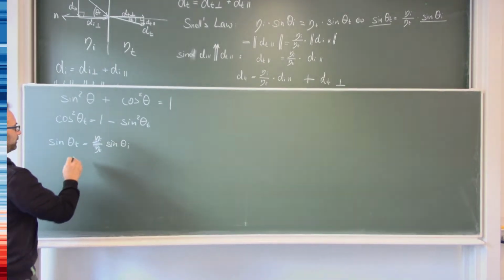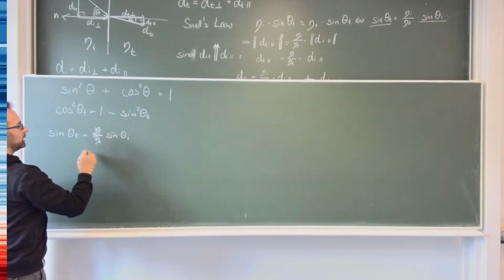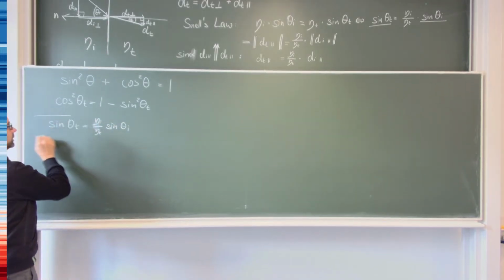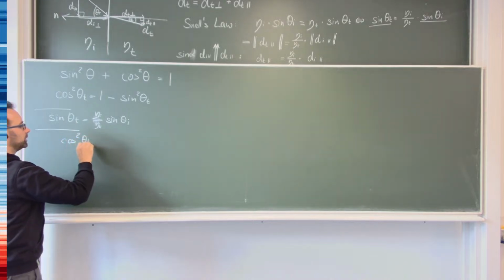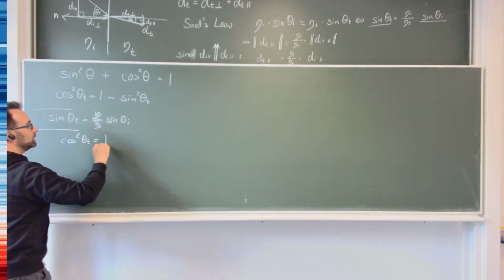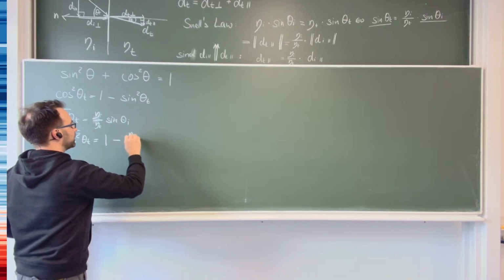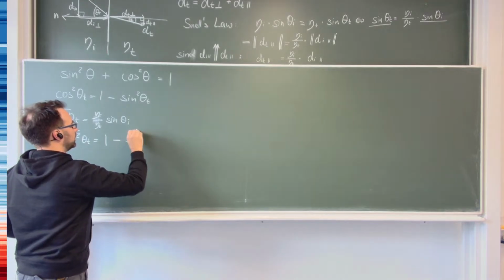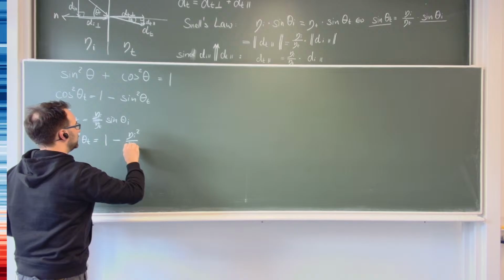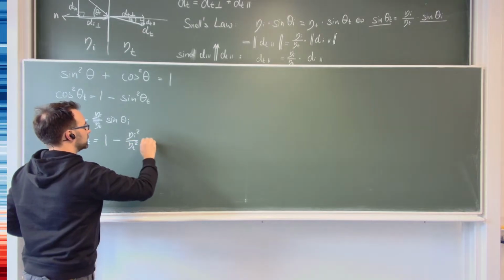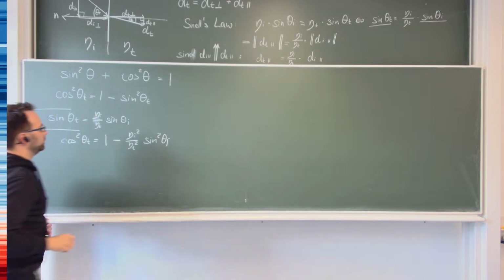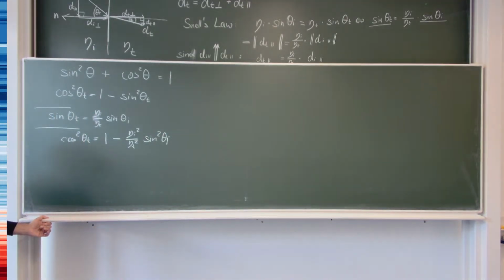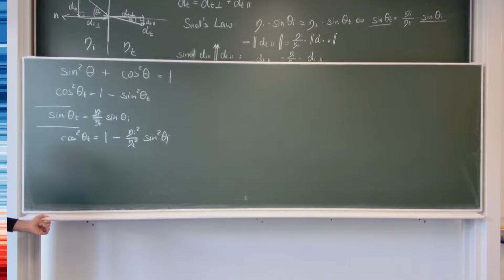So, entering it back here, as a side note, the cosine squared of theta t is 1 minus eta I squared over eta t squared sine squared of theta I. Right?